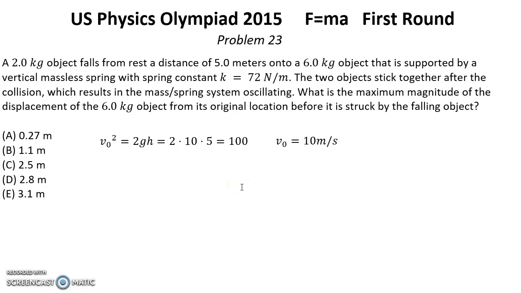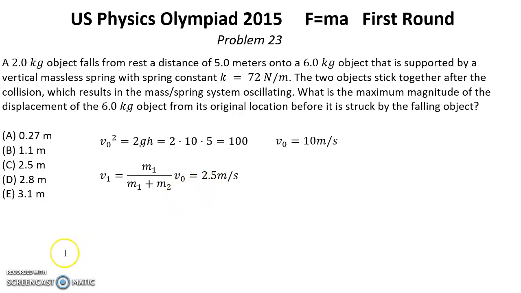The second step is to find the common speed of both objects when they stick together. Here we use momentum conservation. From momentum conservation we can find that the common speed of these two objects, v1, equals m1 over m1 plus m2 multiplied by v0, which is 2.5 meters per second.